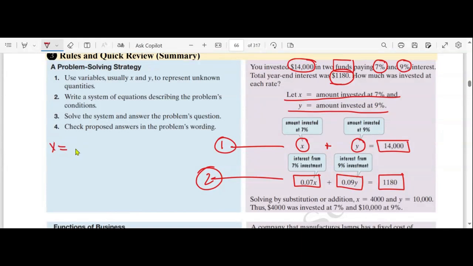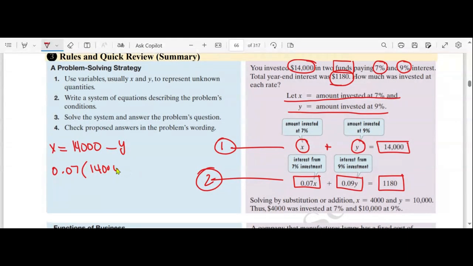I can say X equals 14,000 minus Y, and then replace X in the second equation: 0.07 times (14,000 minus Y) plus 0.09 Y equals 1,180. Now I have to distribute, get a value, and at the end, find Y.